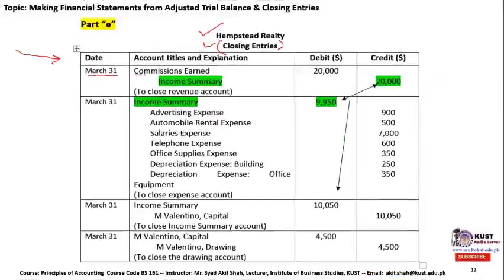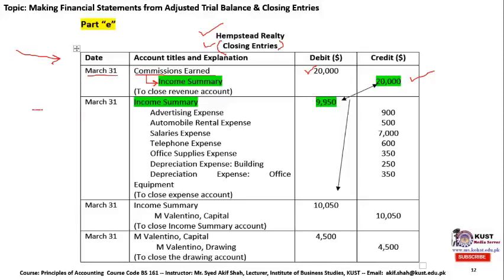We can see that we have entered commission earned in the debit column, and we know that debit and credit will set off each other, and finally the balance in the commission earned will be zero. This commission earned has been transferred to another account titled income summary. We assume that this complete 20,000 is our net income, for instance, to close the revenue account.